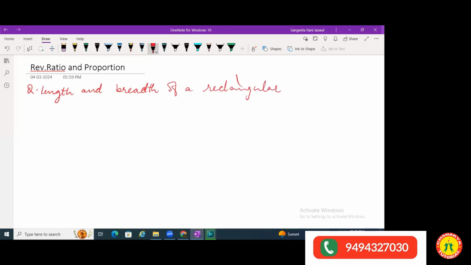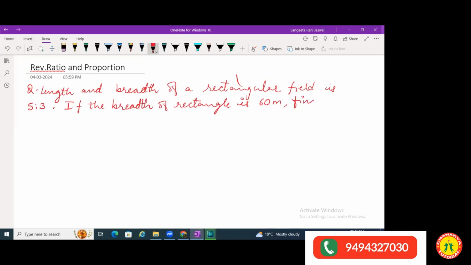Length and breadth of a rectangular field is 5:3. If the breadth of rectangle is 60 meters, find the length of the rectangle. Do this. Then we have the next question.